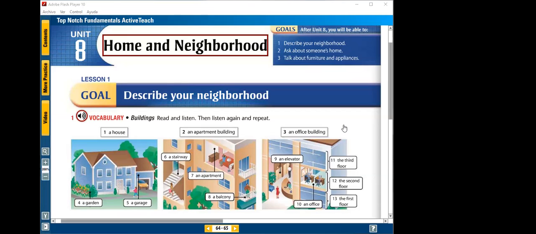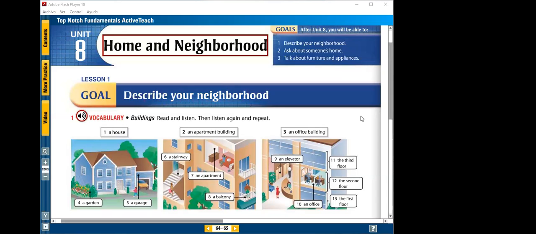We have three goals, and in this case, students, we are going to describe your neighborhood, ask about someone's home, and talk about furniture and appliances. Teacher, what is furniture? What is appliances?